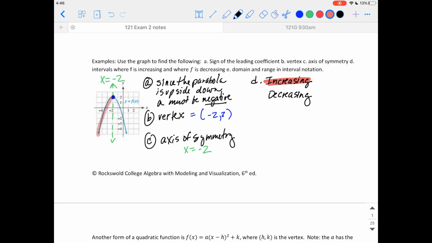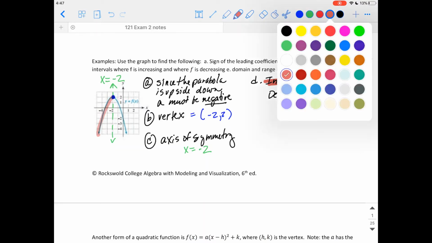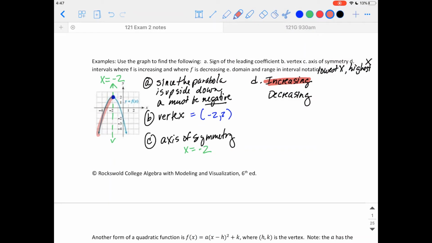And it's always going to be lowest x comma highest x. In this particular problem, our lowest x is going to be negative infinity because it goes forever to the left. And our highest x stops at negative 2, always with parentheses.